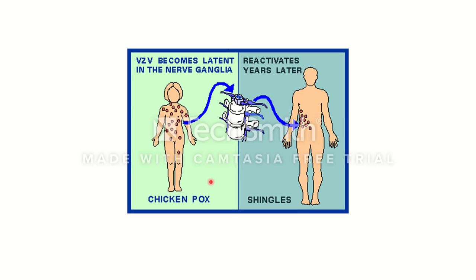The chickenpox viruses, which make blisters on the skin of kids, can be transported by the sensory neurons toward the central nervous system, and these viruses stay and live in the dorsal root ganglion.